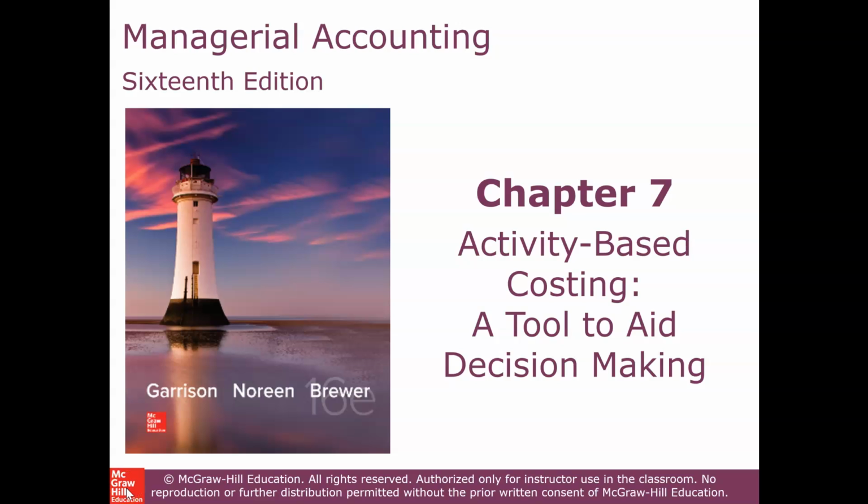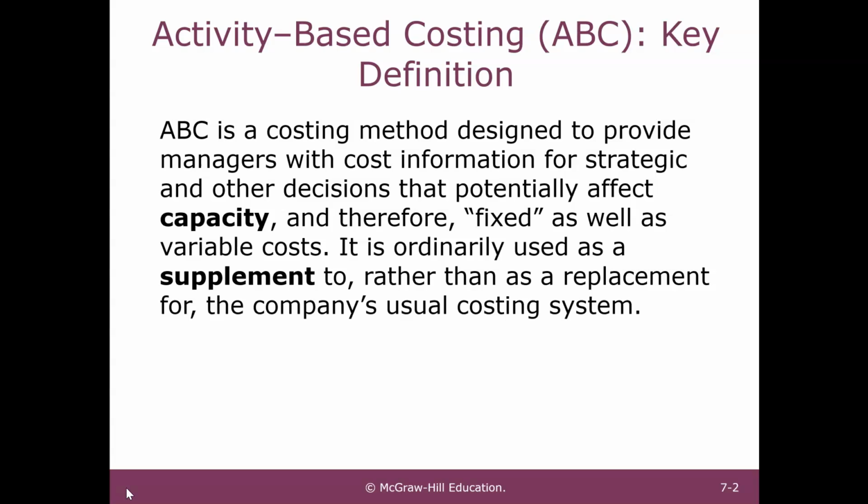Chapter 7 is on activity-based costing, and this is a tool that is used to aid in decision-making, not necessarily a standalone costing system. It's designed to provide managers with cost information for strategic planning and decision-making.